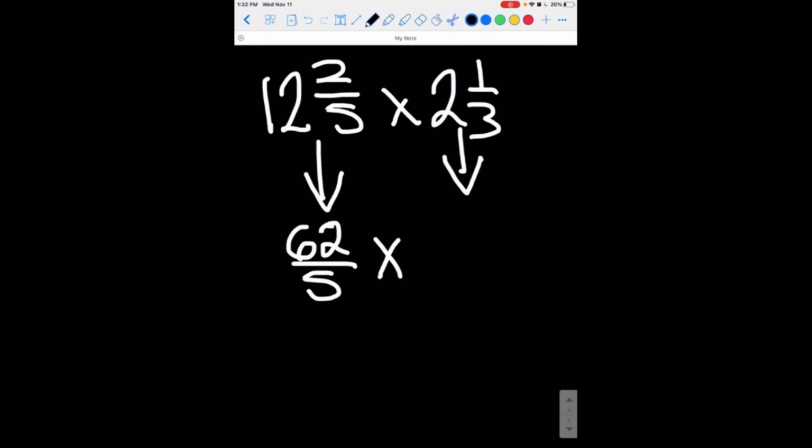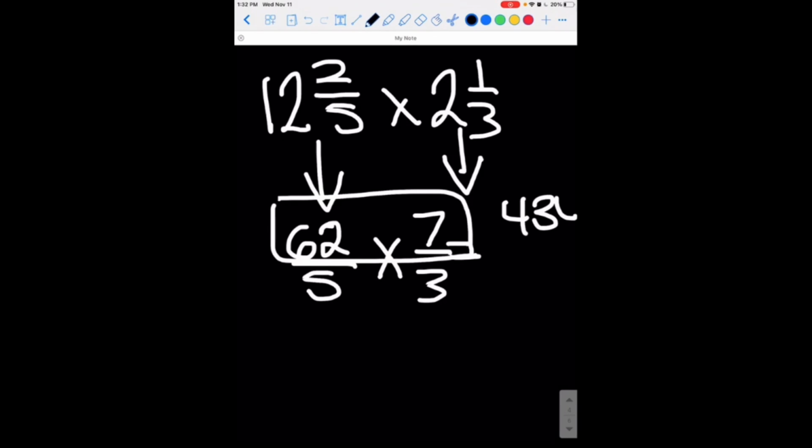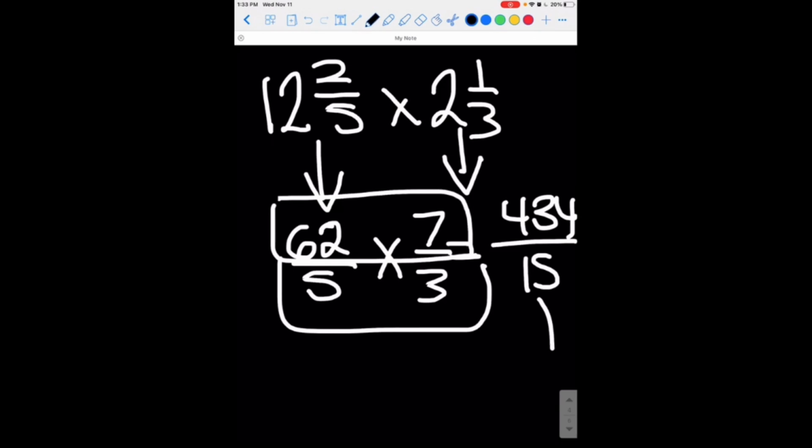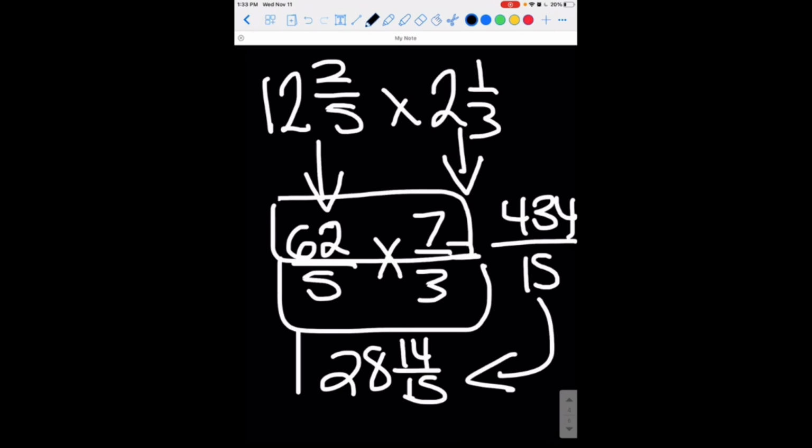And that's 2 times 3, 6 plus 1, 7 over 3. Now, multiply straight across. Okay, that is 434 over 15. Now, this could be simplified again.